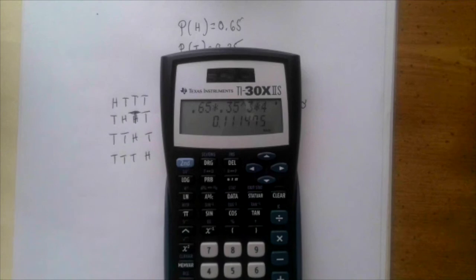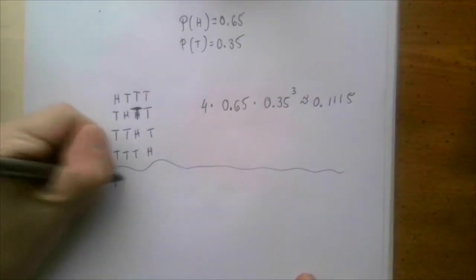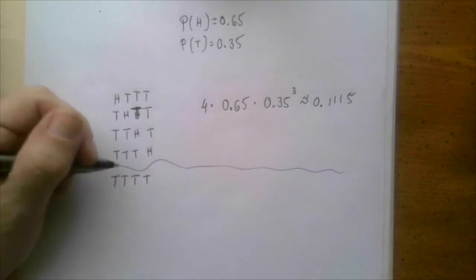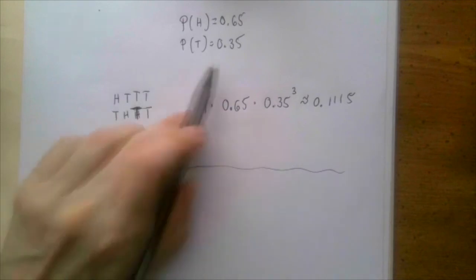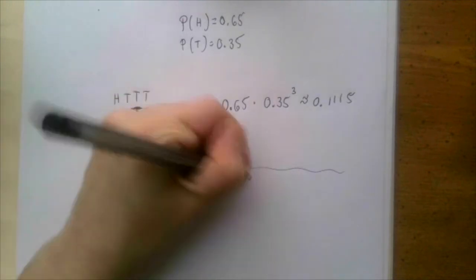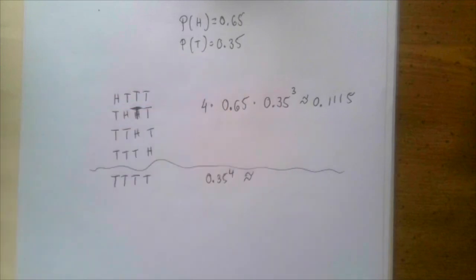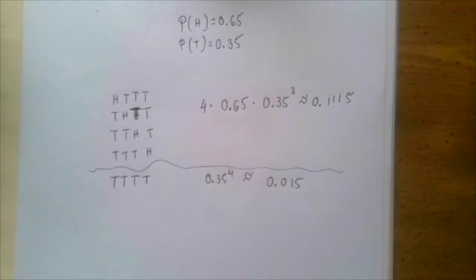So we get 0.1115. And finally, we could have 4 tails. That should be the least likely event because there is just 1 such chain, and the probability of tails is less than the probability of heads. It should be 0.35 to the 4th power. So that's 0.015.